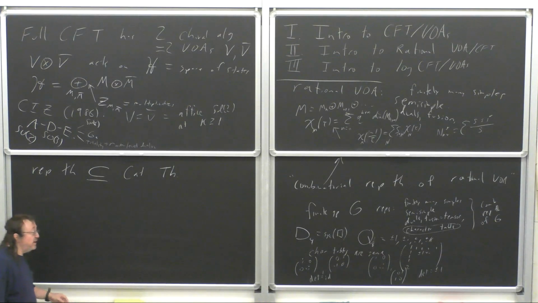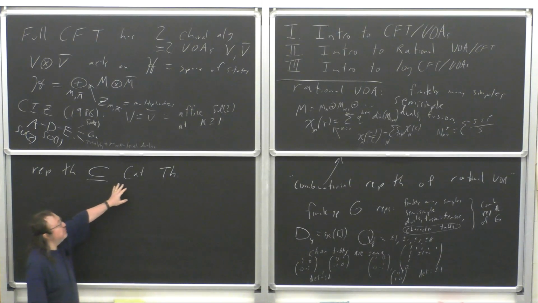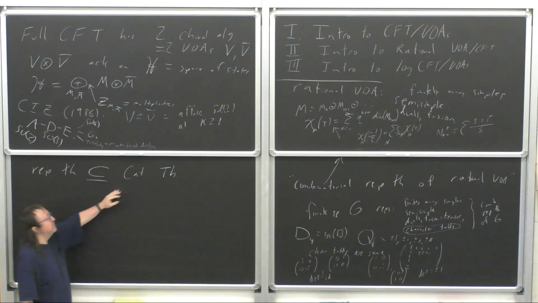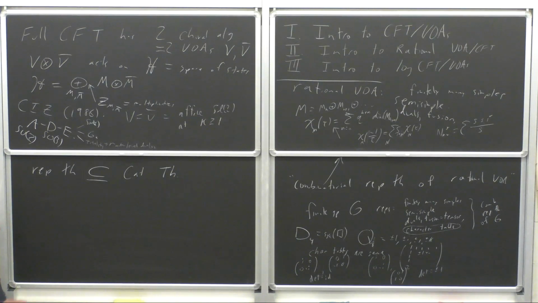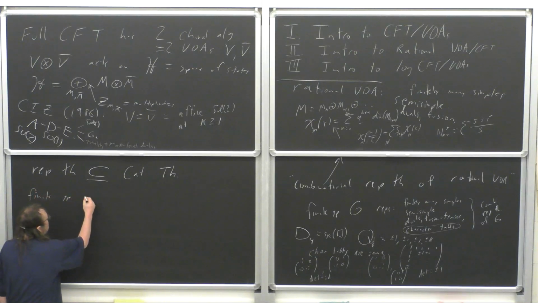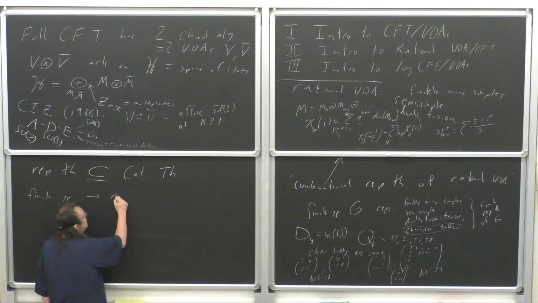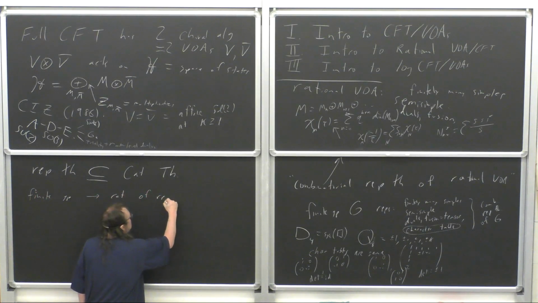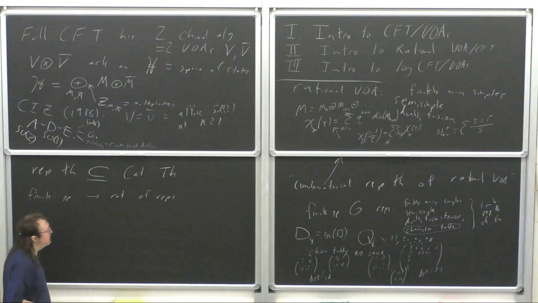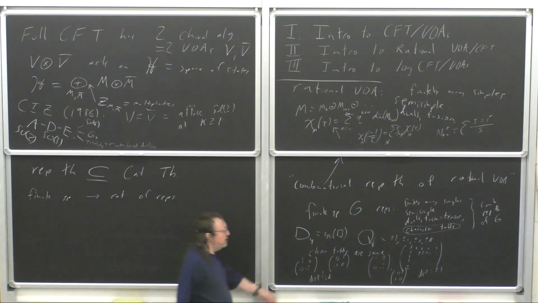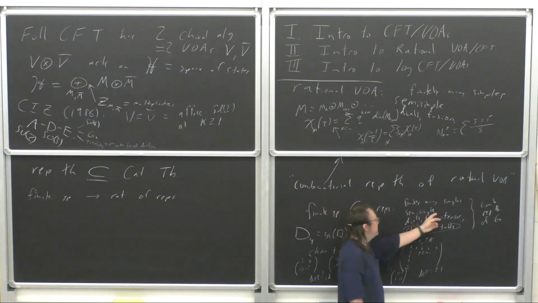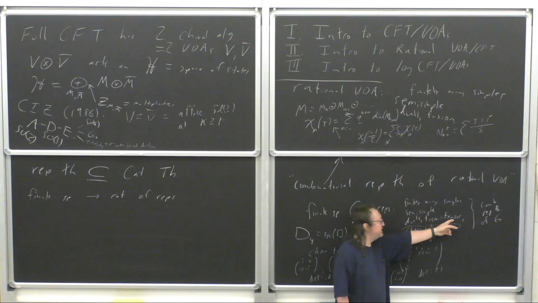So you can get by very far with combinatorial invariants of your categories, but in the case of a finite group, you get the category of representations. And so the category of representations will have finitely many simples in it. It'll be semi-simple. It'll have duals, and it'll have a tensor product.